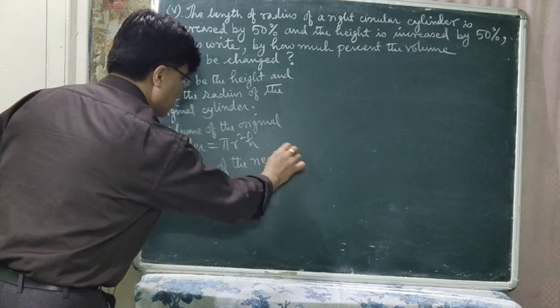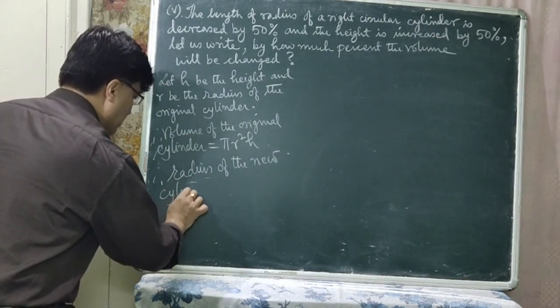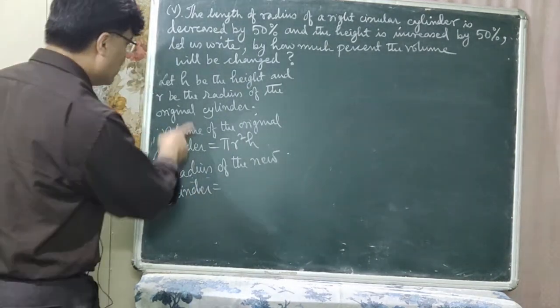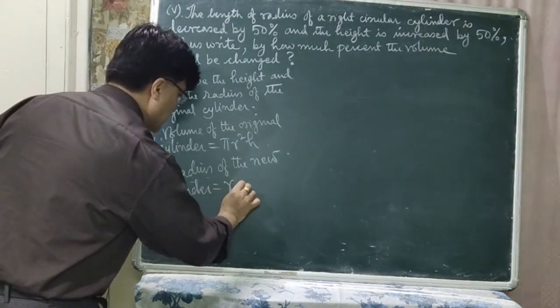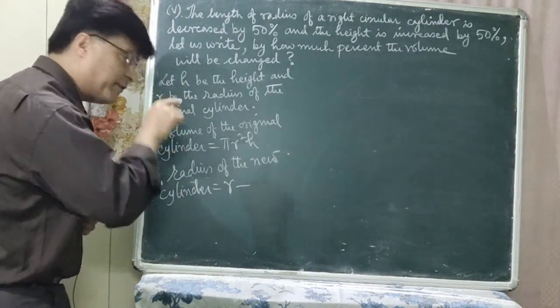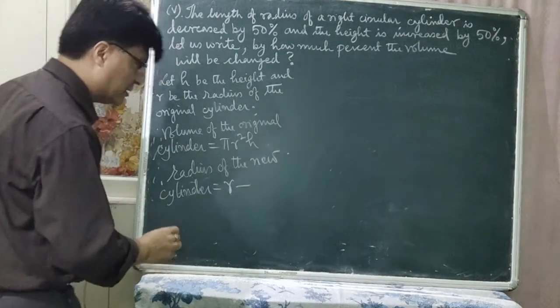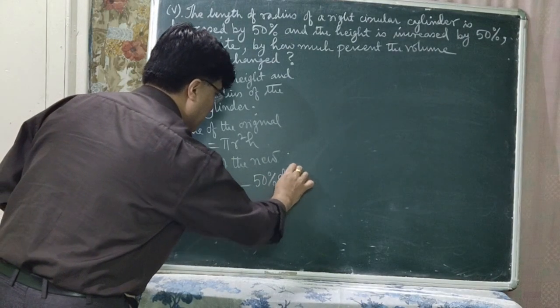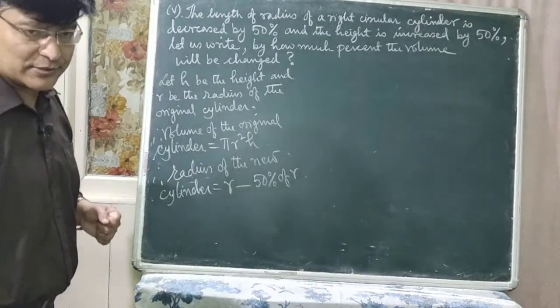So radius of the new cylinder is equal to, the original radius was r, isn't it? Now minus, decrease means minus, it is decreased by 50% of the original radius, okay? That is 50% of r. You have to write like this.